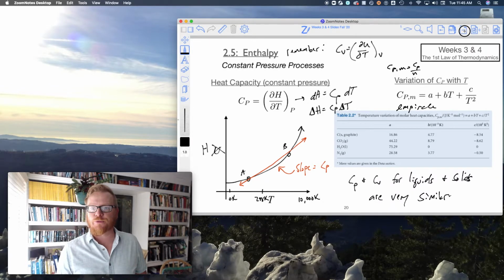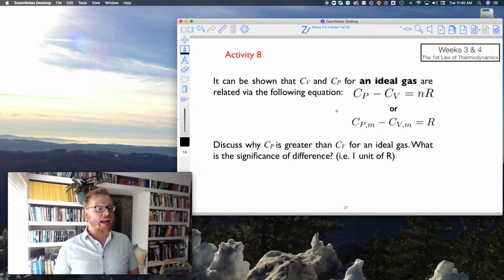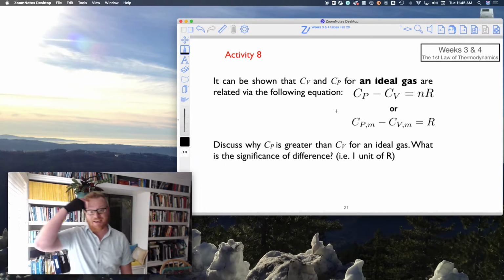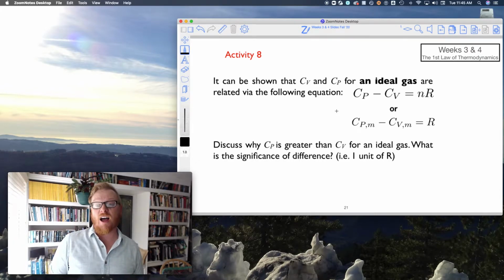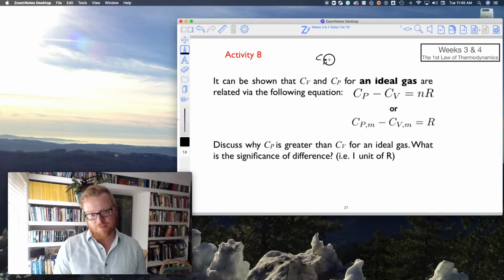So moving forward, here's an activity. I just discussed how CP and CV for liquids and solids are very, very similar. However, I'm not going to show this derivation, at least not yet, but it can be shown that CP minus CV equals nR, or CPM minus CVM just equals R, which is really cool. Another way to think of it: CPM equals R plus CVM.